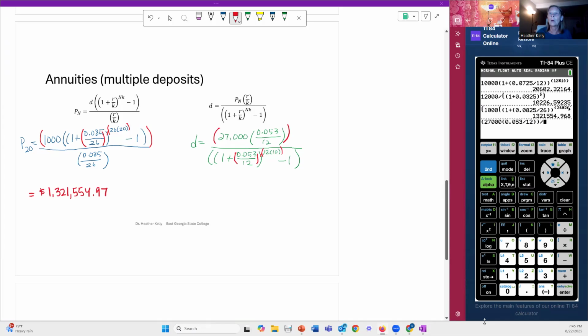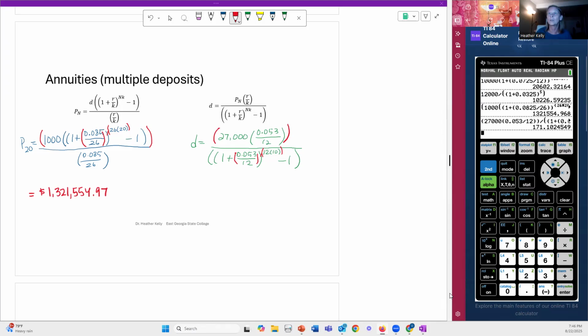All that is divided by open, open. We didn't need an extra one on the bottom because all that stuff was already contained in those two outside parentheses. So we go open, open, 1 plus open 0.053 divided by 12, close, close, to the power of open 12 times 10, close, get down from the exponent, -1, close, and enter.